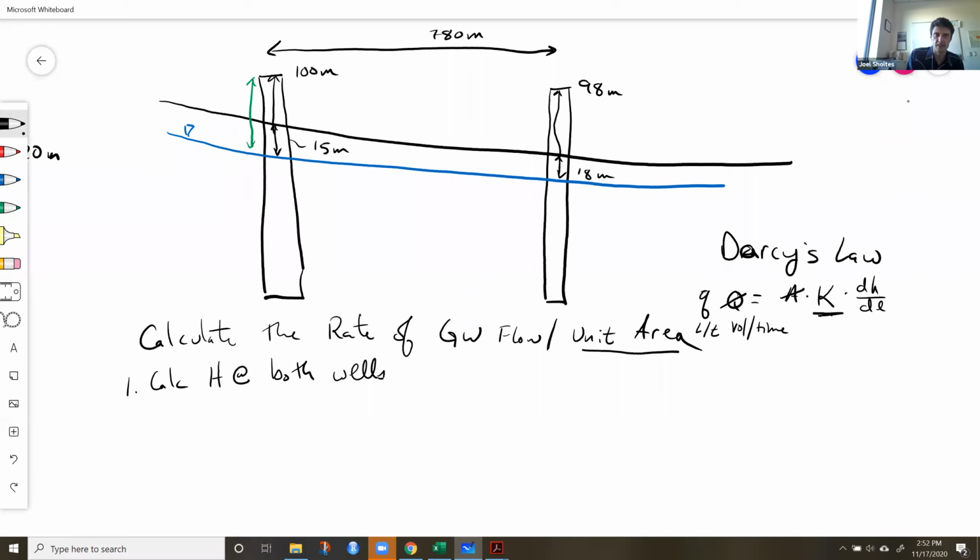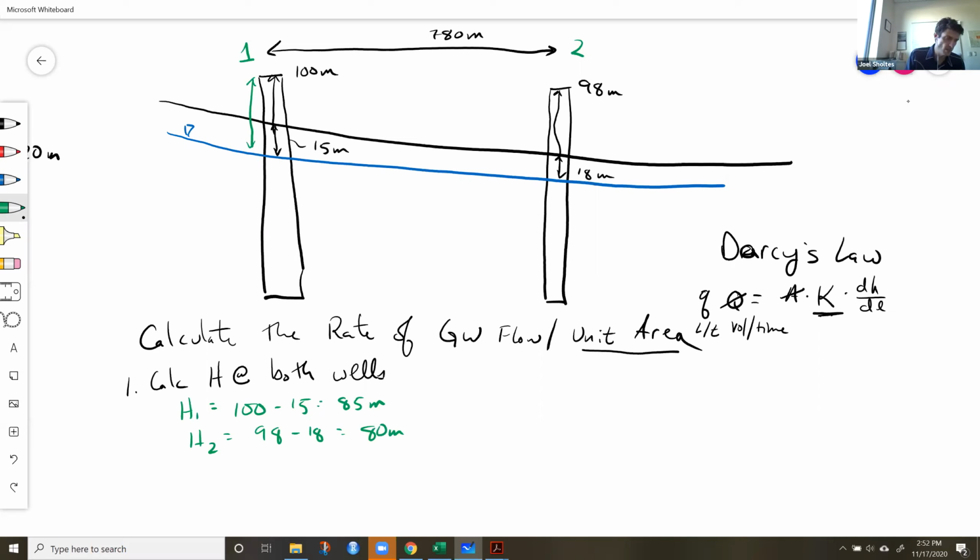These well casings have different elevations, so the depth is really arbitrary, or it's really relative to the particular well. So we need this difference here. If this is well number 1 and this is well number 2, H1 is going to be equal to 100 minus 15 equals 85 meters, and then H2 is equal to 98 minus 18, which is equal to 80 meters.